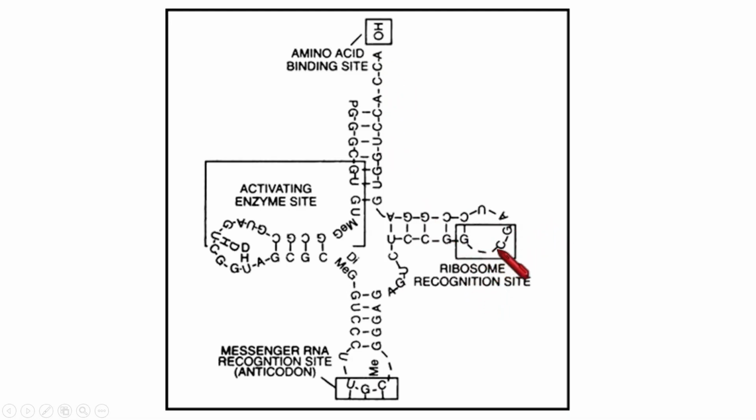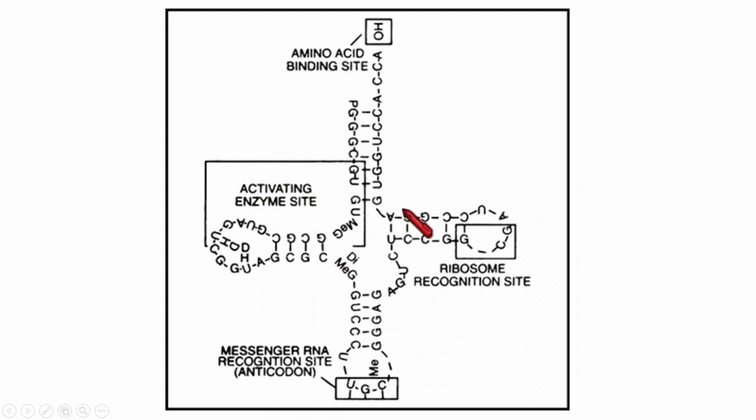And this is the T-C loop, which is formed of 5 base pairs and 7 bases, and it has a ribosome recognition site. This is the anticodon loop, and this is the dihydroxyuracil loop. It possesses a binding or recognition site for the activating enzyme, the enzyme that transfers the specific amino acid to tRNA.